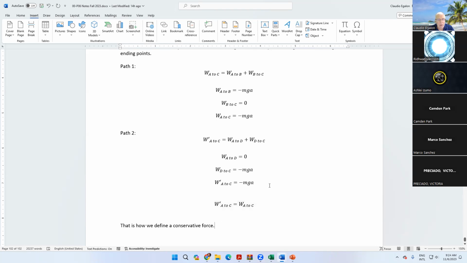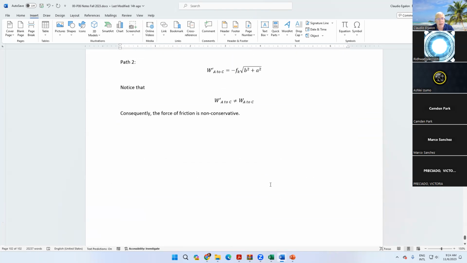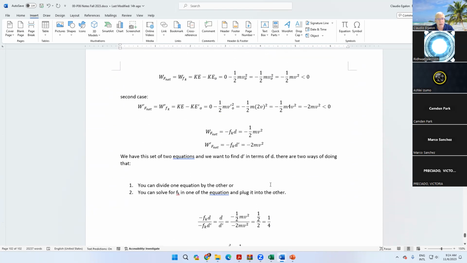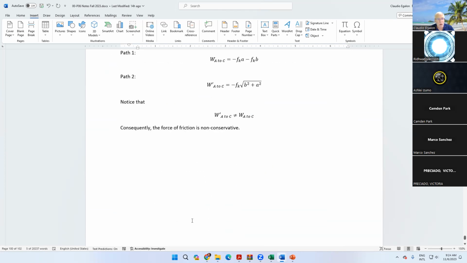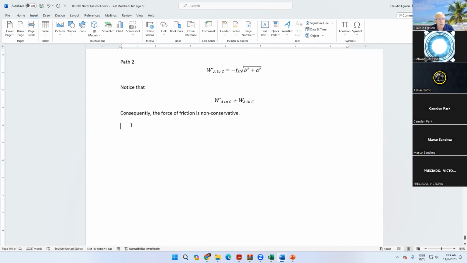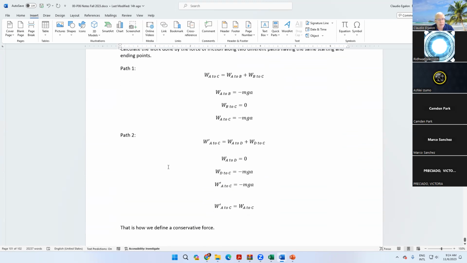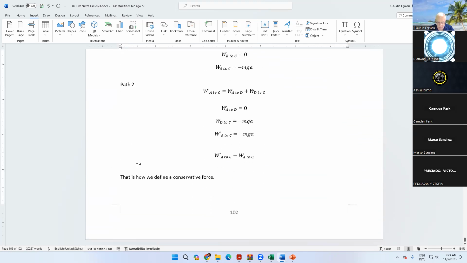Now remember, we already talked about kinetic energy, right? The work kinetic energy theorem. Recall, consequently, the force F equal to mg is a conservative force.